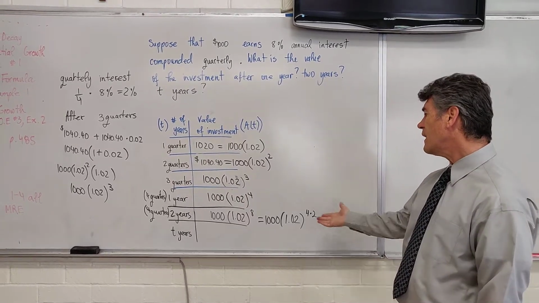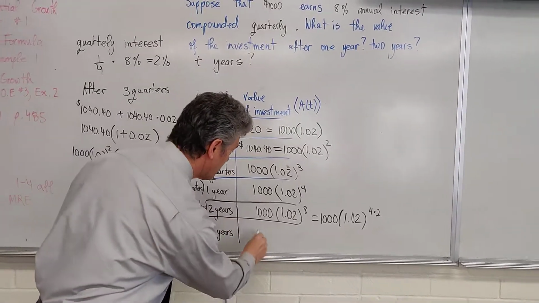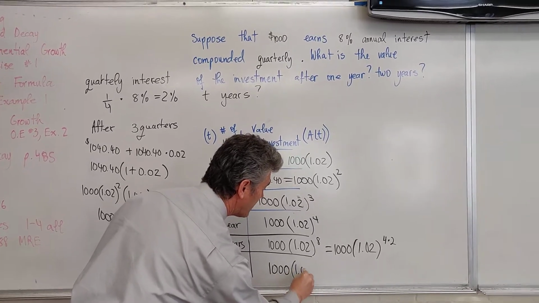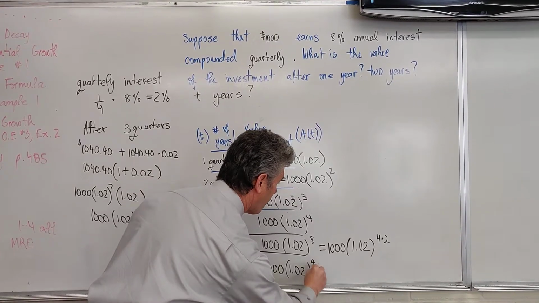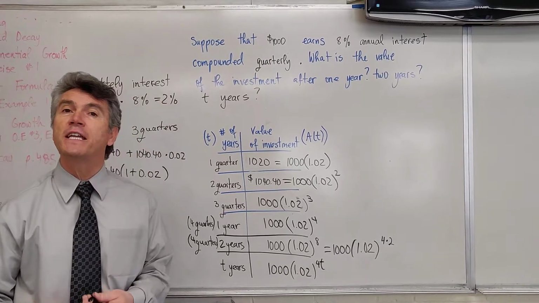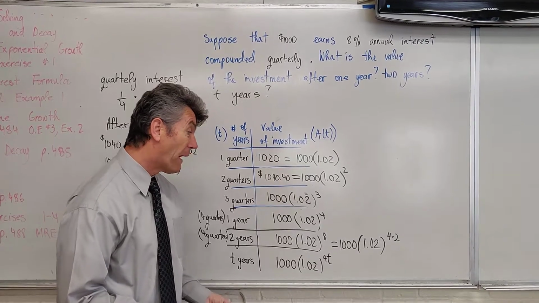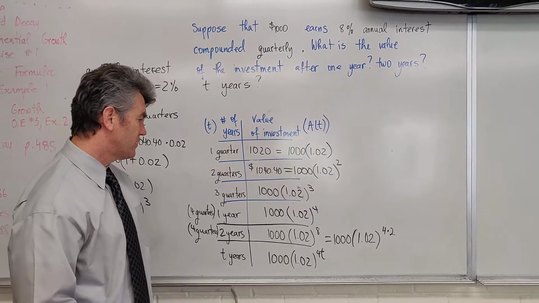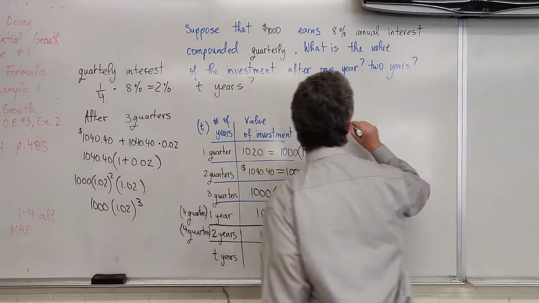Okay? Let's devise a formula for the value of the investment in t years. This is 1,000 times 1.02 raised to the power of 4t. Why 4t? Because every year has 4 quarters. So then the number of times you will compound interest is 4 times the number of years. One last thing, let's write this formula one last time.